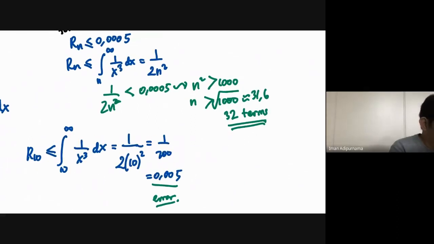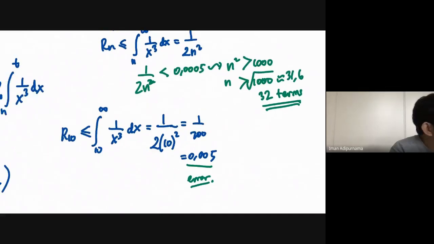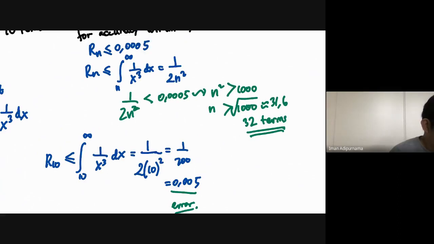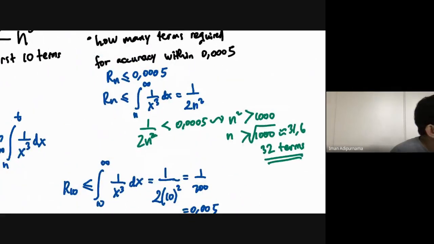So this is the other question that might come up with the estimation. The first one is finding the error, finding the remainder, how big the error will be. And the other question is how many n are required for some error, and we just reverse the findings.